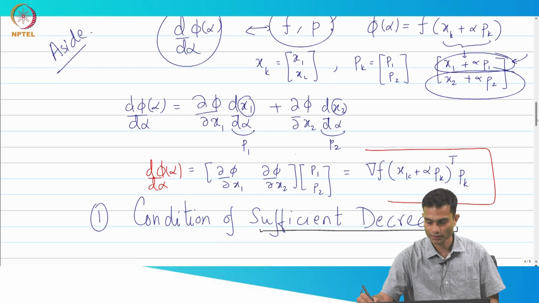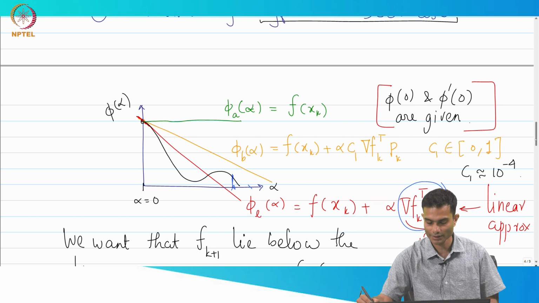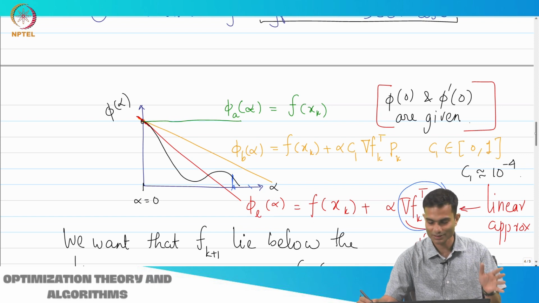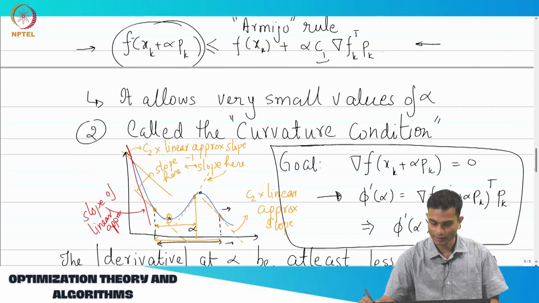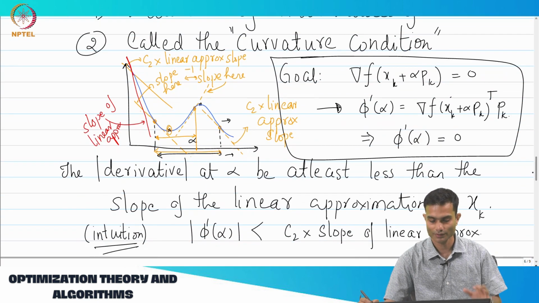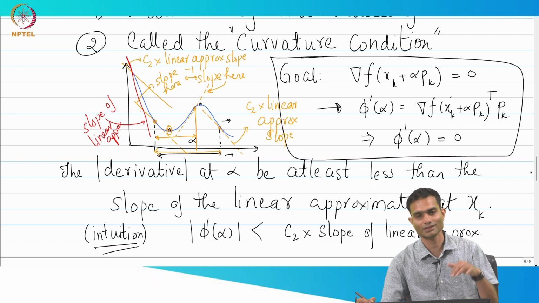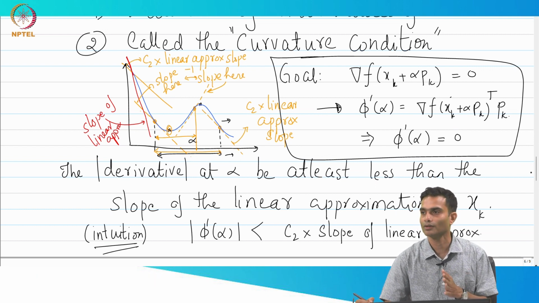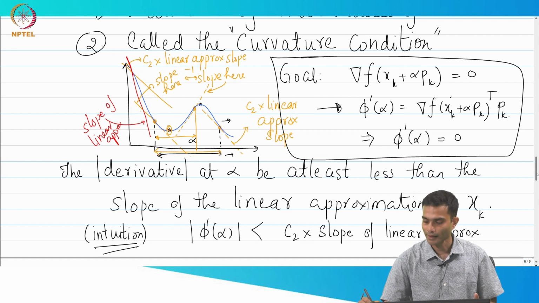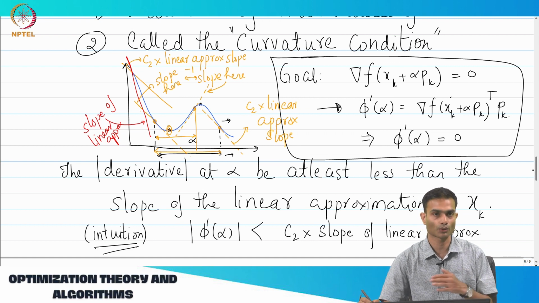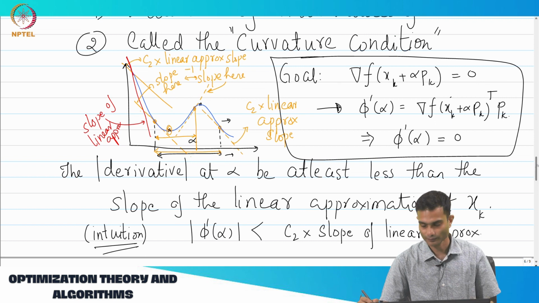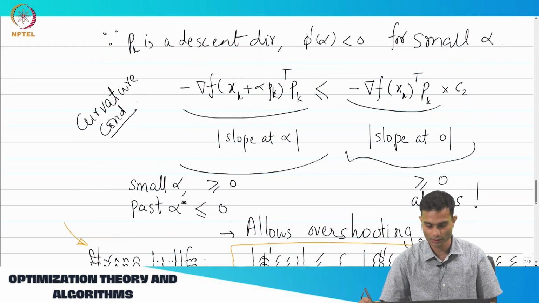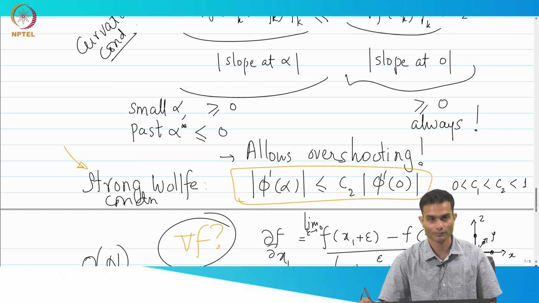And then we looked at the condition of sufficient decrease, that my function value should be at least below the linear approximation with some relaxation. The second one was called the curvature condition, which looked at the slope. The slope should at least be less than the slope of the linear approximation. This is to prevent very, very small values of alpha. And then we did a very obvious fix to prevent overshooting. We put mod on the slope and we got the so-called strong Wolfe condition, right?